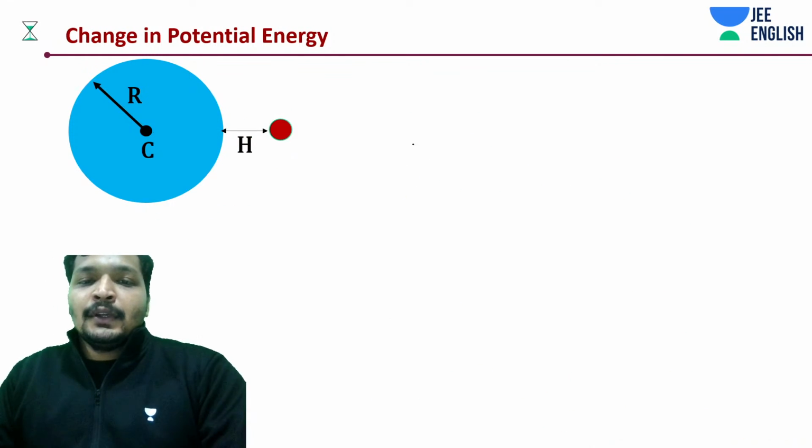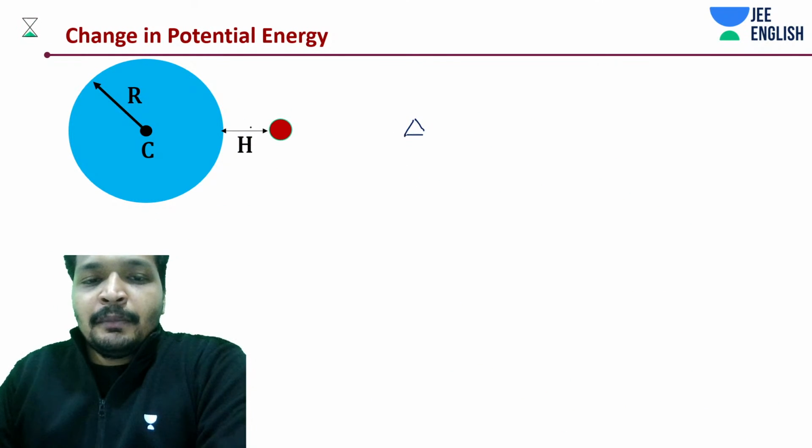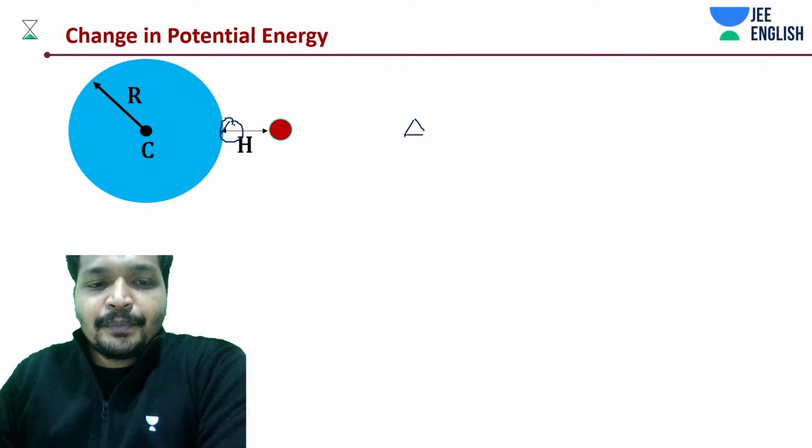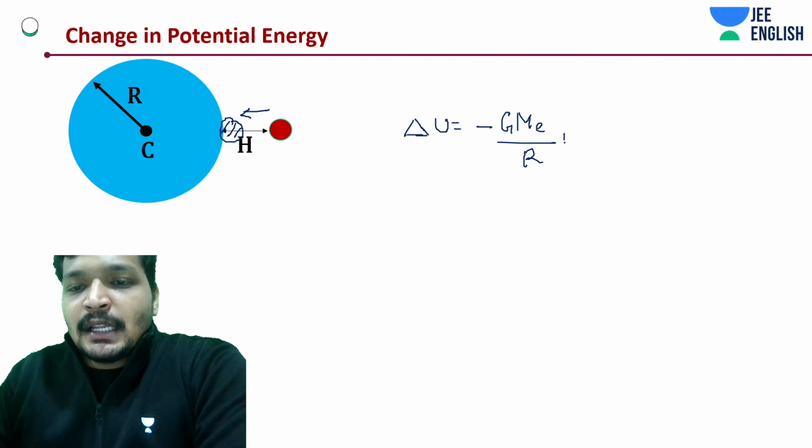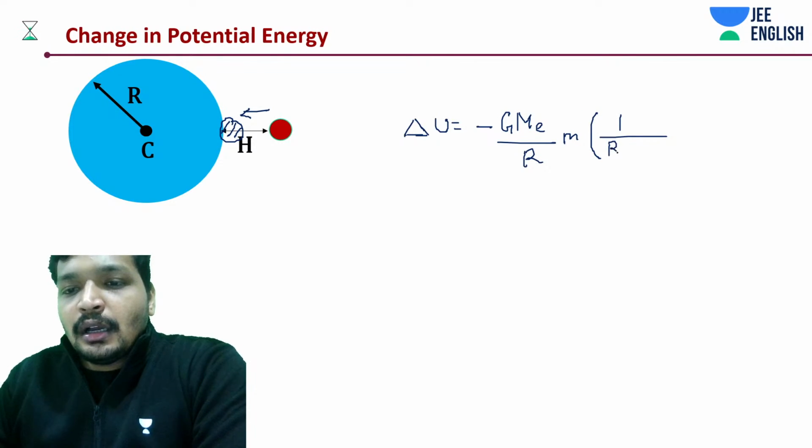We write the term. So we got, from here to here, the change in potential energy is something like minus G M_e by r into m into 1 by r into r plus h, and on the numerator we add an h.